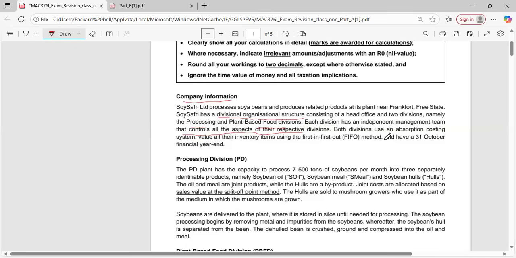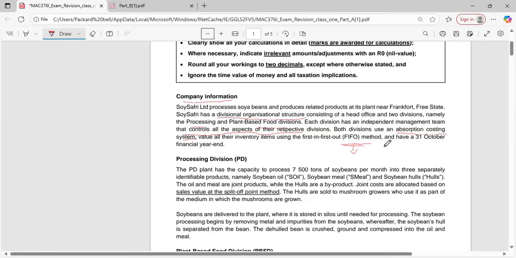Right, then here they say both divisions use the absorption costing system, and value their inventory using the first in, first out method. I think we understand what it means when we value our inventory using FIFO. The only difference between the weighted average and the first in, first out method is when you value your closing inventory.